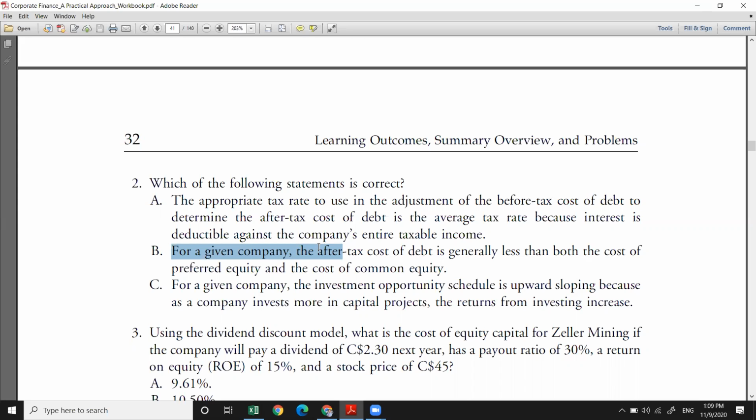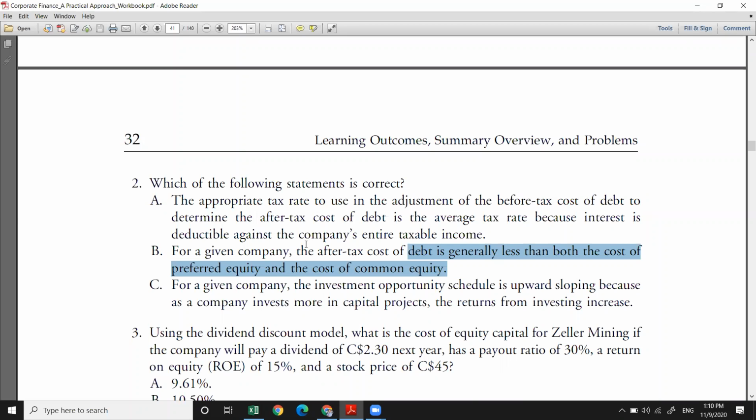For a given company, the after-tax cost of debt is generally less than both the cost of preferred equity and the cost of common equity. First of all, when we talk about cost, you should understand that the cost is measuring riskiness, and we are trying to measure which is less costly.